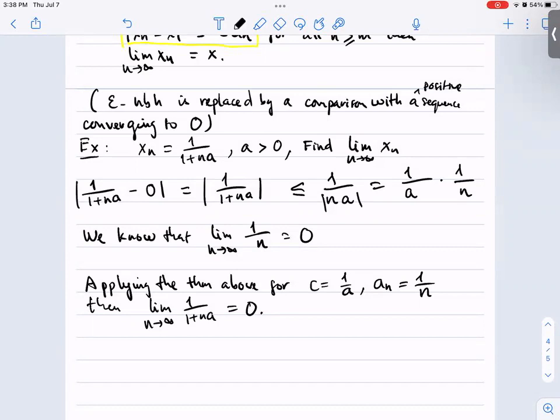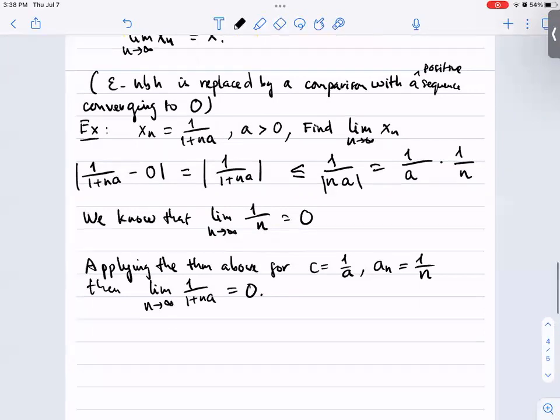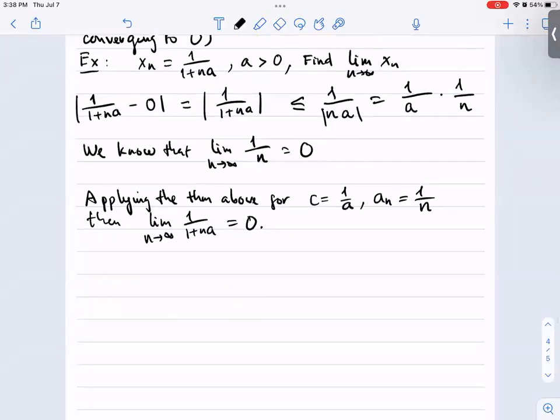That's why applying the theorem above for c equal to 1 over a and an equal to 1 over n, we can conclude that the limit of this sequence 1 over 1 plus na equals 0. Basically, we show that the difference between this sequence and 0 is smaller than a positive sequence converging to 0. That's why the limit of this sequence is equal to 0.